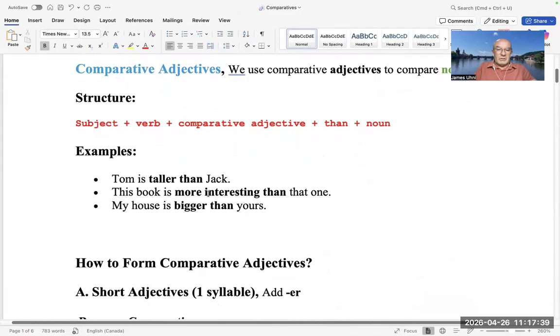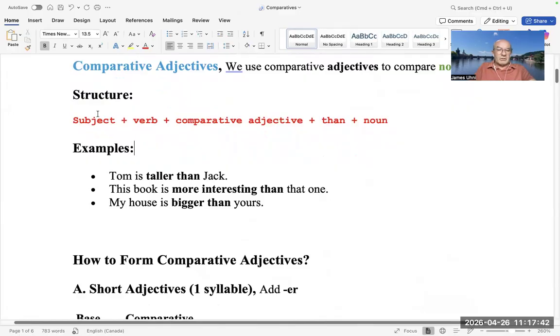So this is quite a long structure. So again, subject plus verb plus comparative adjective plus than plus noun. So we compare. Tom is taller than Jack.